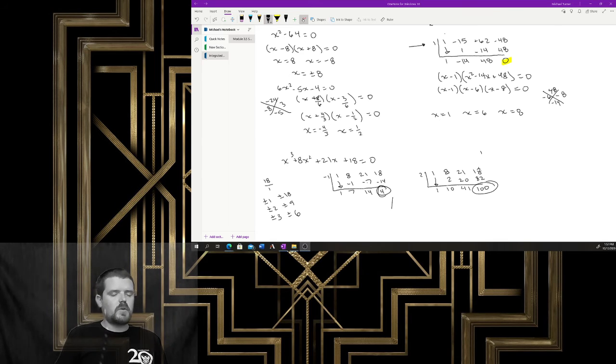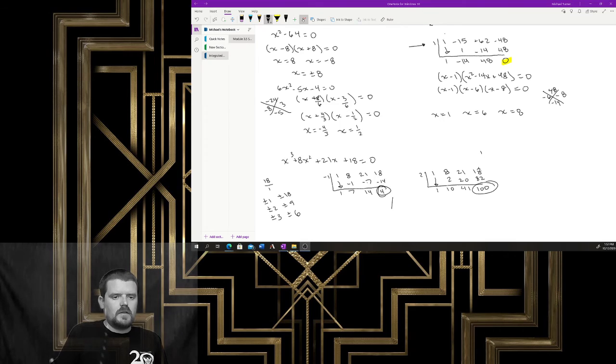At the very least, then, when you're multiplying, it can alternate between a positive and a negative, or increase and decrease. So that rules out all the positive numbers: 1, 2, 3, 6, 9, 18. They can't be solutions, because that's what I got by plugging in 2. If I plug in 3, I'm going to get something even bigger than 100.